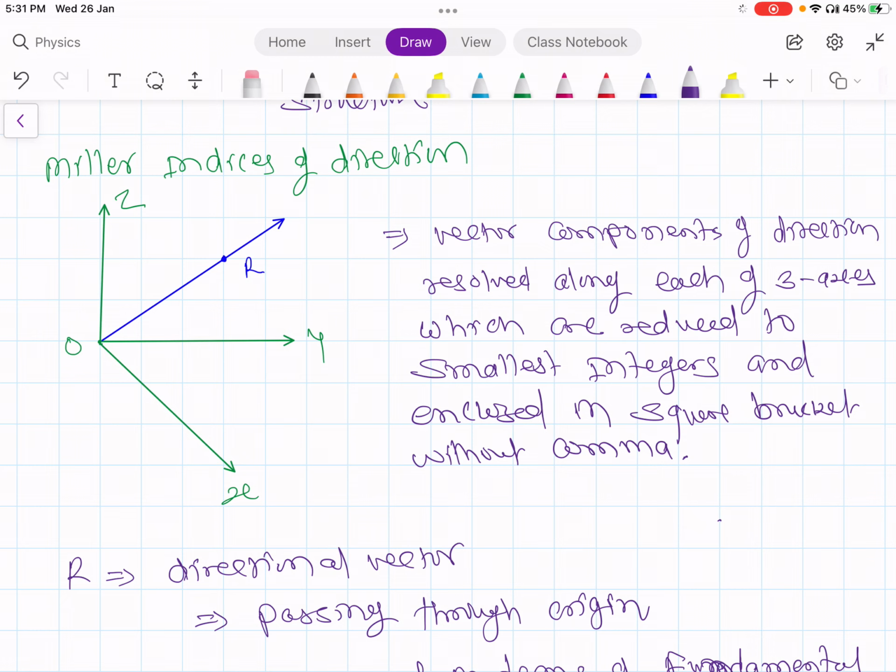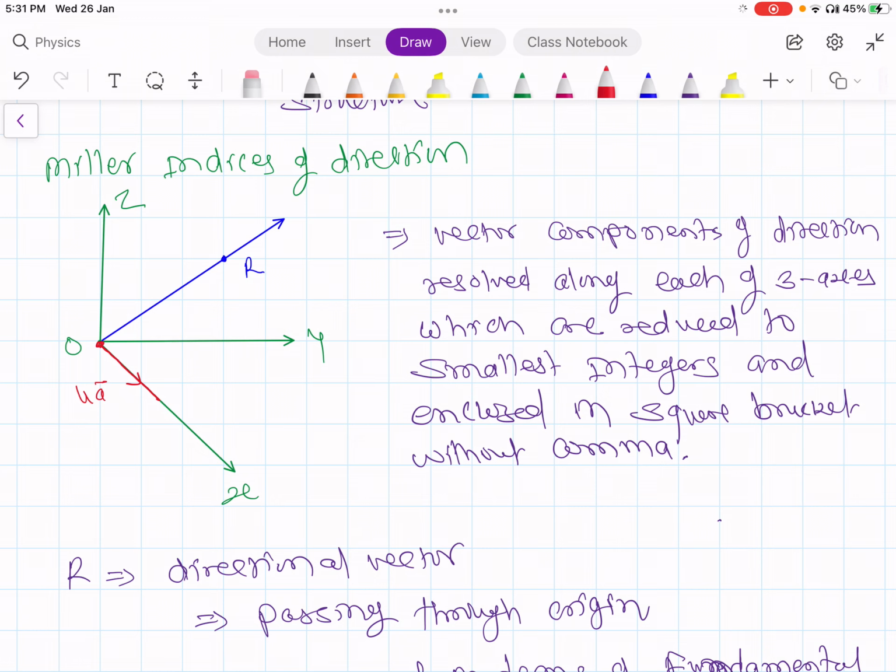And suppose if you want to find direction, then to find the directional vector, what you have to do is start the journey from the origin. Then you have to move distance U A bar. This A bar is just indicating the crystal axis.